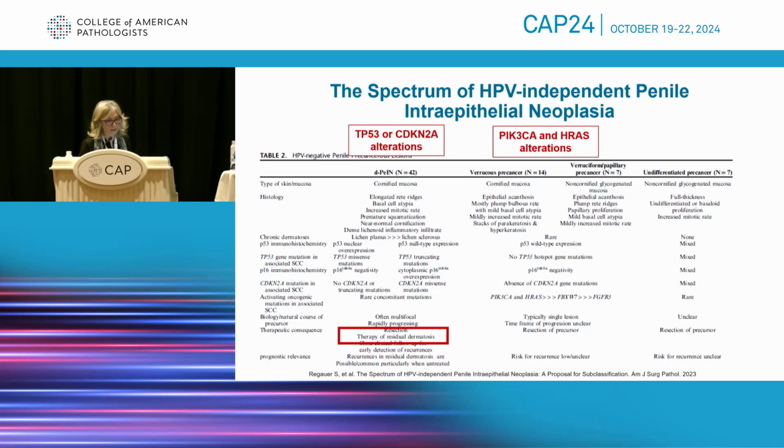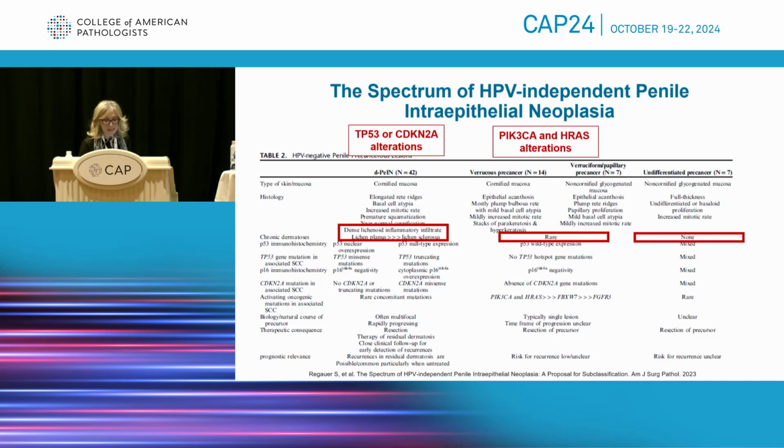And if we look at these lesions, with regards to the association with chronic dermatosis, the former has association with dense lichenoid infiltrate, and the latter does not. There is a third category that is so-called undifferentiated because there are really no specific molecular alterations. We'll keep that in mind for now. With regards to P53 immunohistochemistry or molecular alteration, in the DPIN category, we have 2 classes.